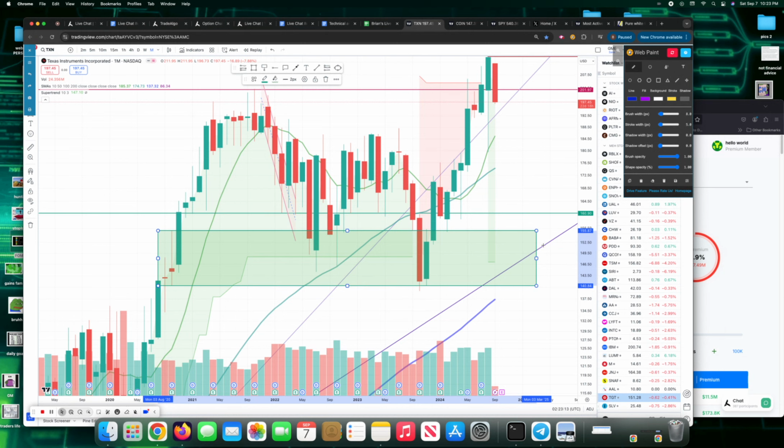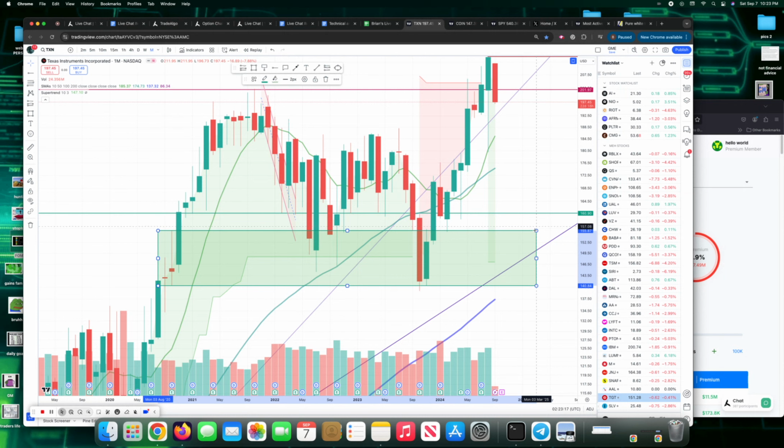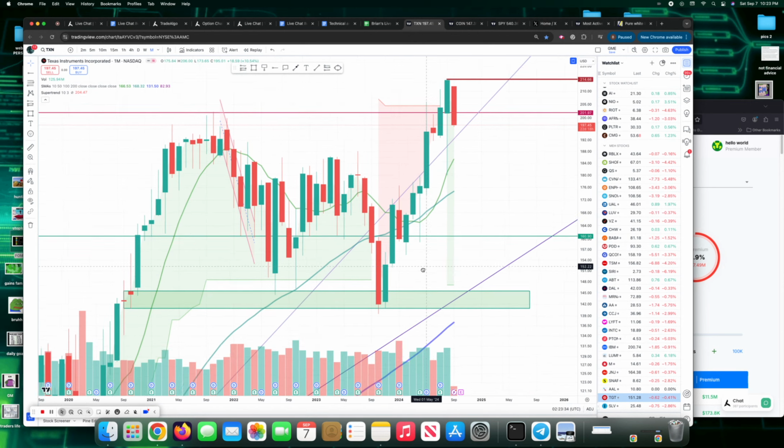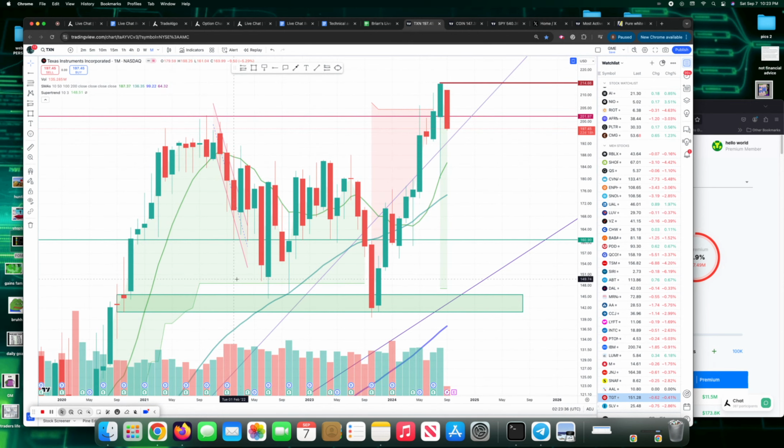What I teach, ladies and gentlemen, let's start over, is to draw the supply and demand from the base of the candle. So again, opposite color candle before the aggressive push, from the base of the candle to the wick. So think of the body of the candle to the very bottom, and then push it out. Everybody see that?